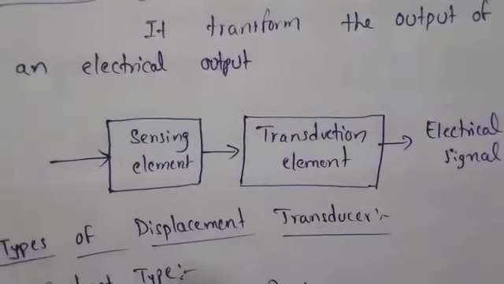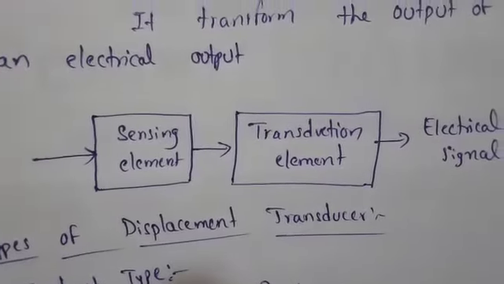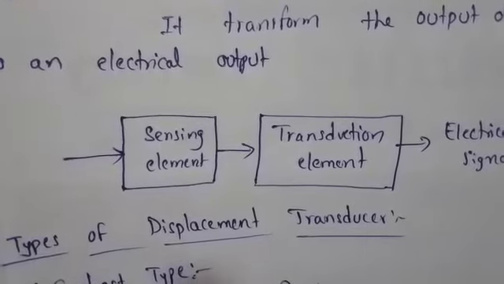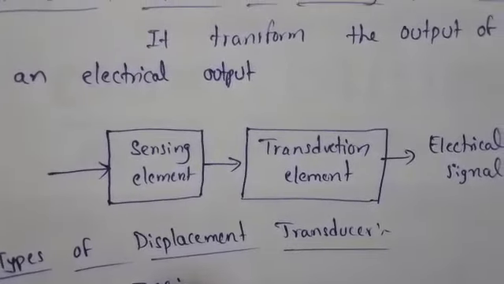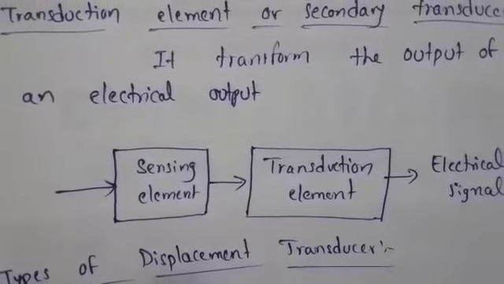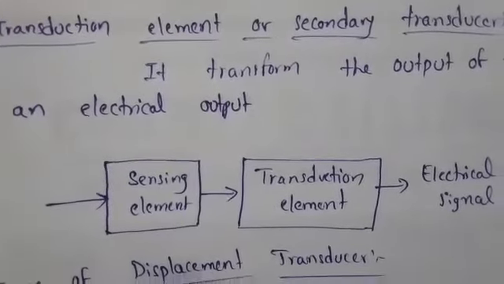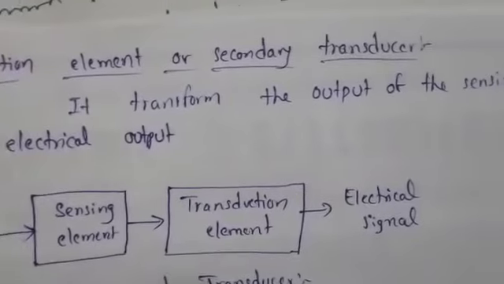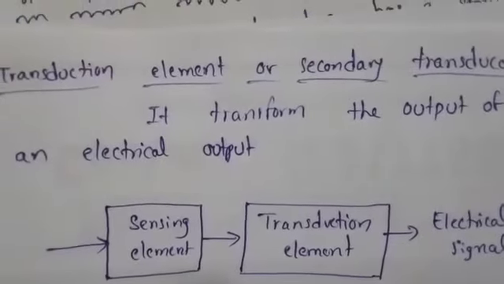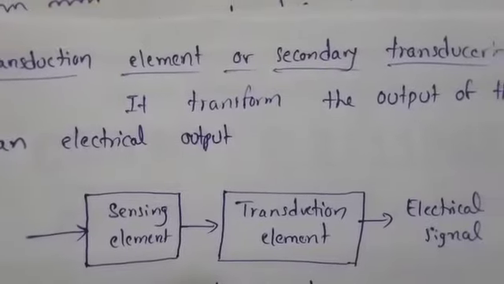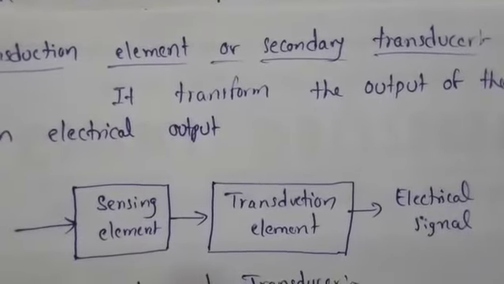If you see this block diagram of the sensing element and transduction element, the input applied to the sensing element is converted into a physical phenomenon. That physical phenomenon is applied to the transduction element, and it converts it into an electrical signal output. So these are the primary and secondary transducers.